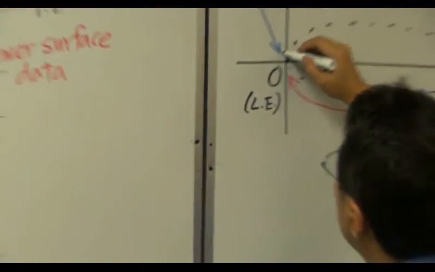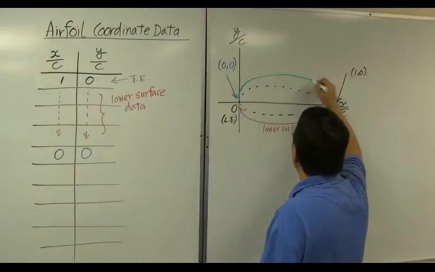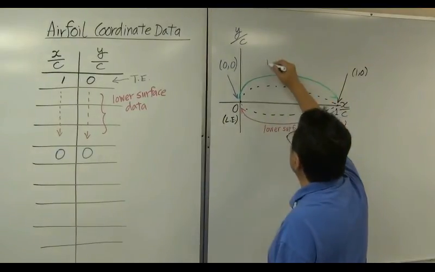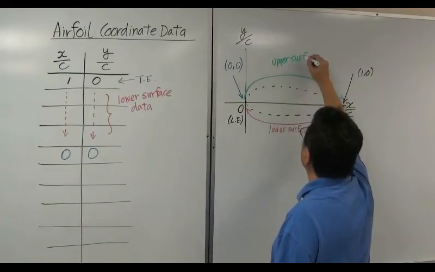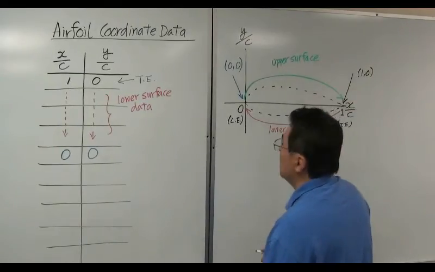Let's go here. This is what you're seeing. Starting from leading edge, go to trailing edge. This is upper surface data, right? Upper surface data.